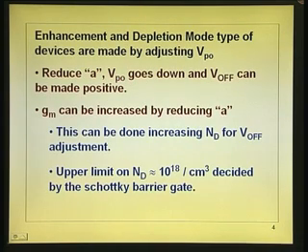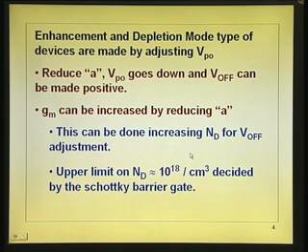So, Gm can be increased by reducing A. Now, once you fix your threshold voltage or the off voltage by fixing Vp0, if you reduce A, Vp0 will fall. But you want to bring back the Vp0, you must increase the doping. So, this can be done by increasing Nd for Vp adjustment. I hope that statement is clear.